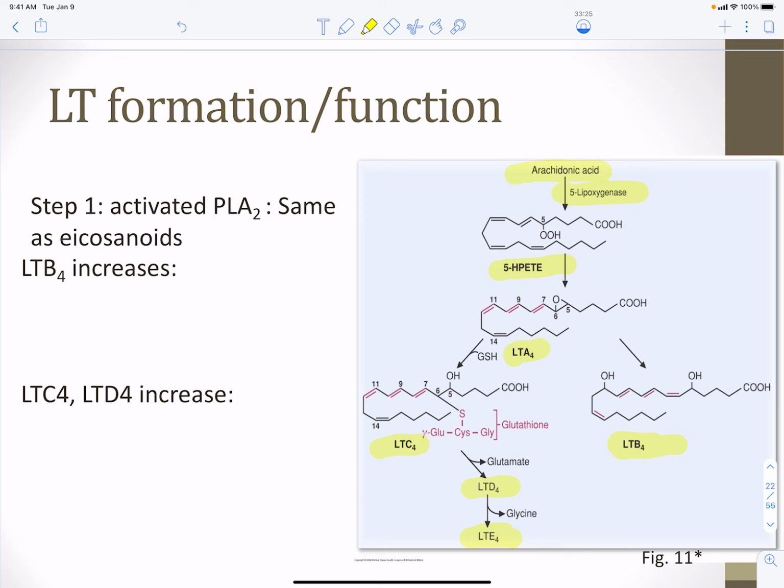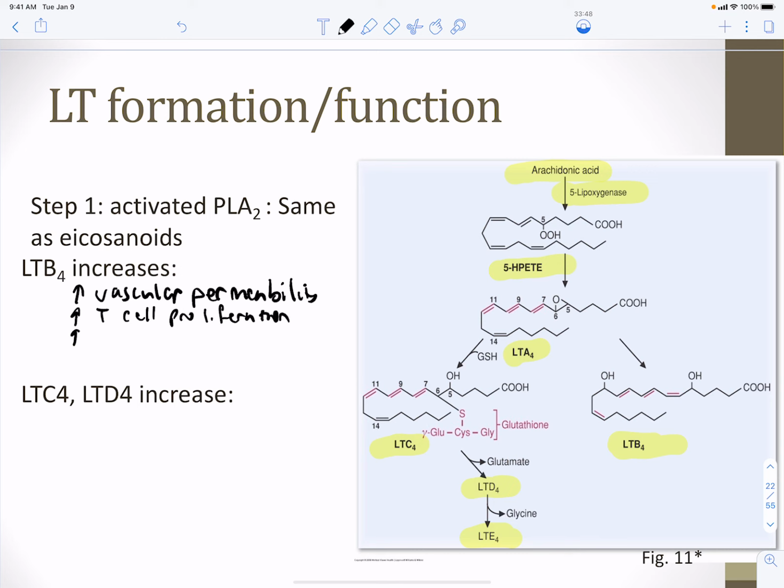Now, the functions of leukotriene B4 are going to be to increase vascular permeability, it's going to increase T cell proliferation, it's going to increase your leukocytes, white blood cells, aggregation.